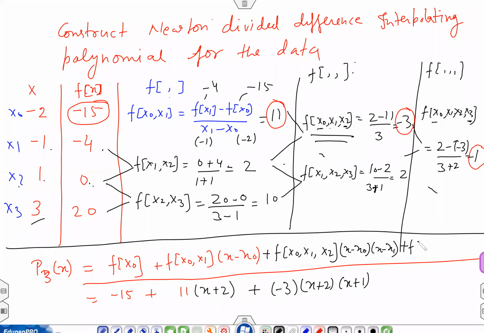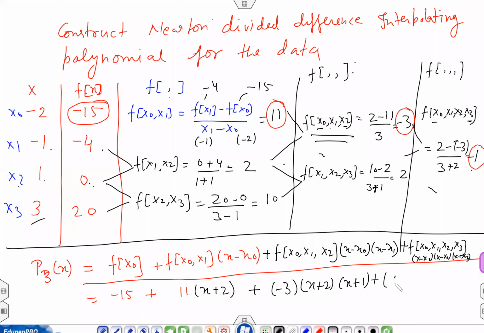Next value, f of x0, x1, x2, x3, multiplied by x minus x0, x minus x1, x minus x2. The value is this value. So just go through the table. Whatever first value you are computing will be used in constructing the polynomial.